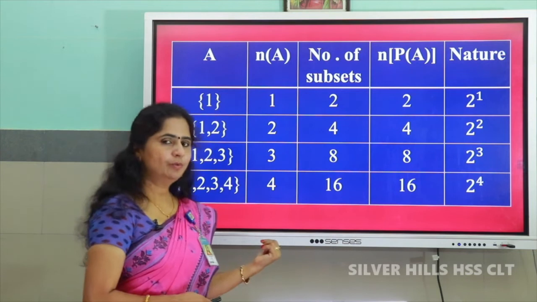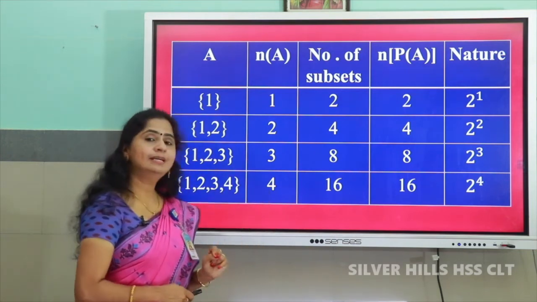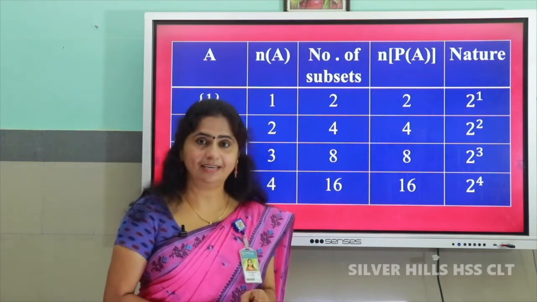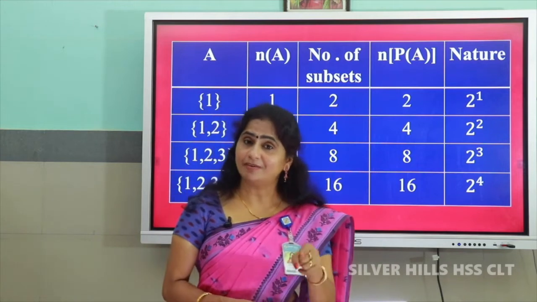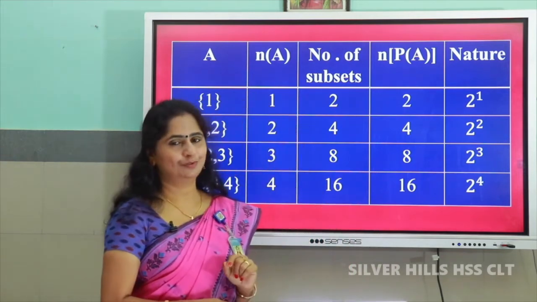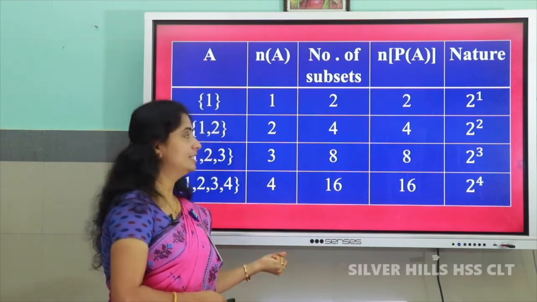And the last example which we did was {1, 2, 3, 4}. So the number of elements in A is 4. The number of subsets is 16. The number of elements in the power set is also 16, which we can write as 2 raised to 4.